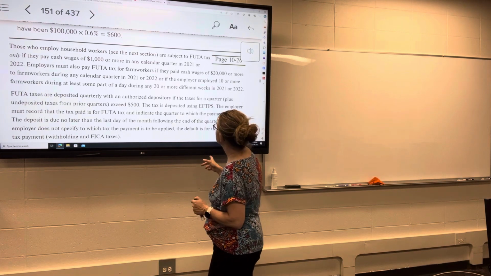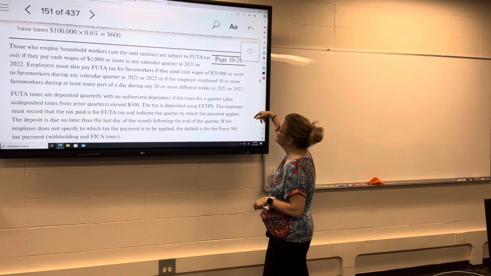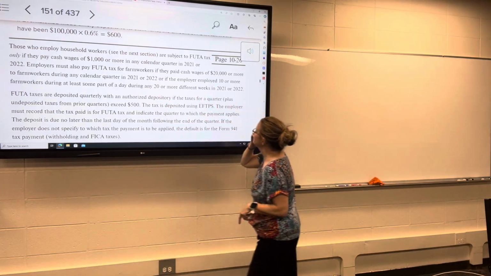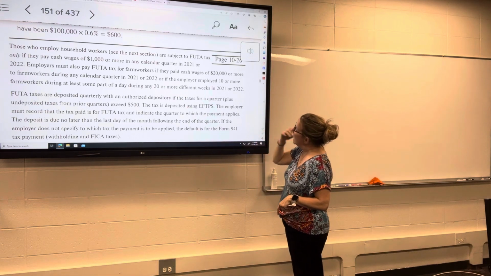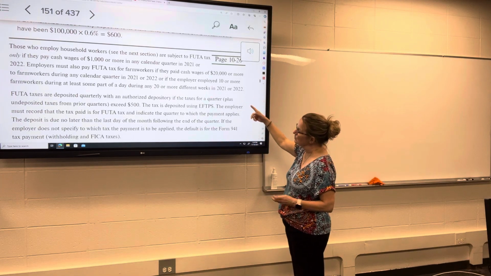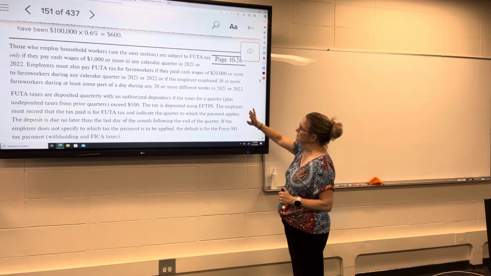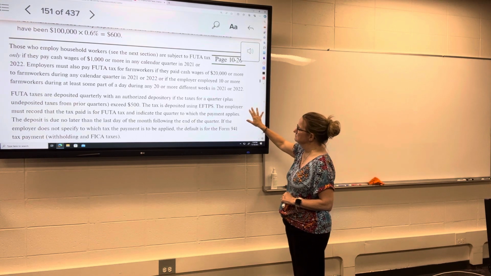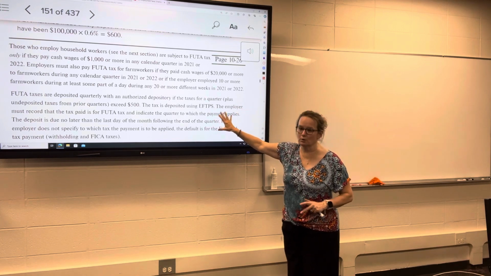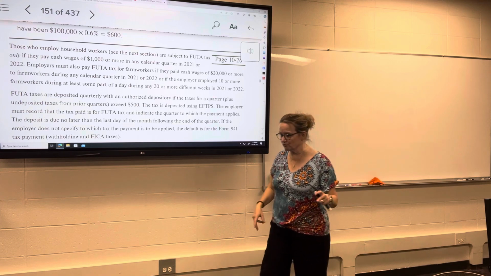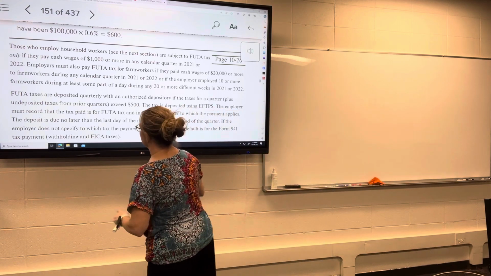For farm workers, if they paid cash wages of $20,000 or more during any calendar quarter, 2021 or 2022, or if they had 10 or more farm workers during at least some part of the day during 20 or more different weeks. That's for farm workers. So we got some different rules for household employees and some different rules for farm workers, right?